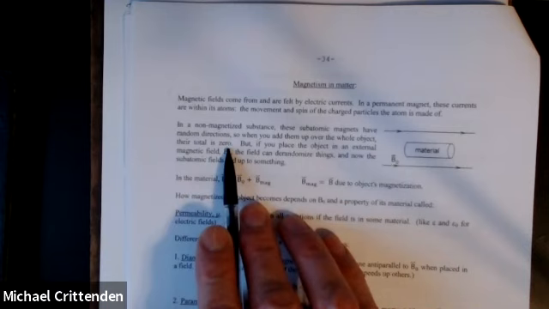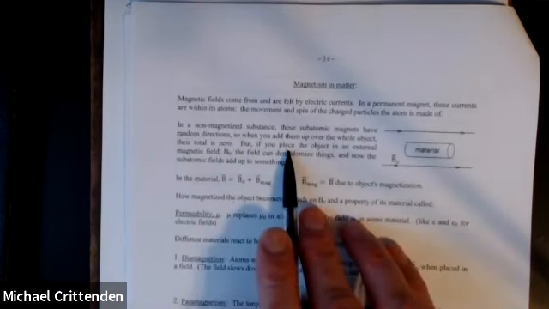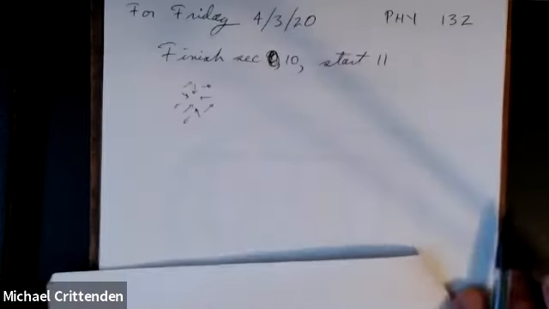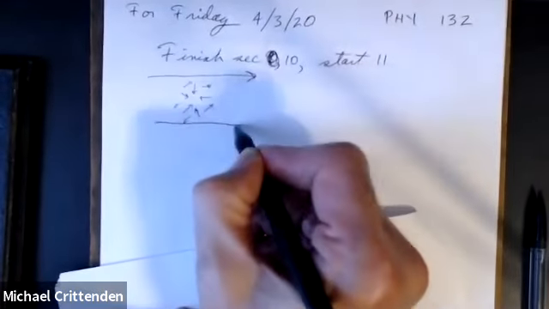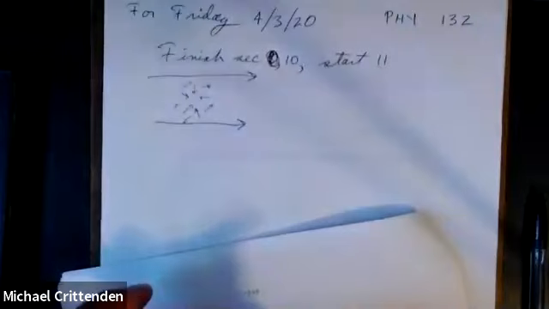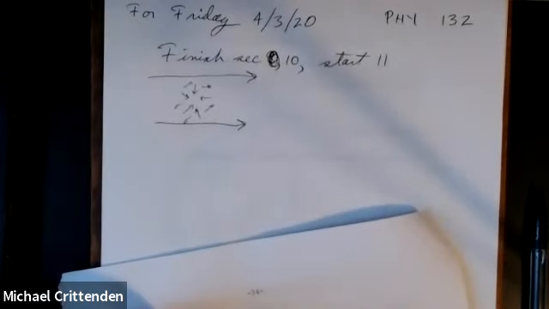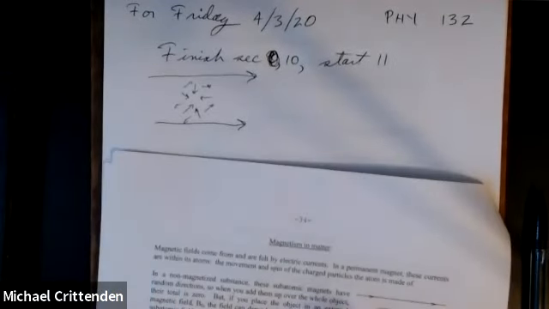But what if you place that piece of aluminum in an external magnetic field? So if this external field points in that direction, well, what would happen if you had a whole bunch of magnetic compasses sitting on a tabletop?